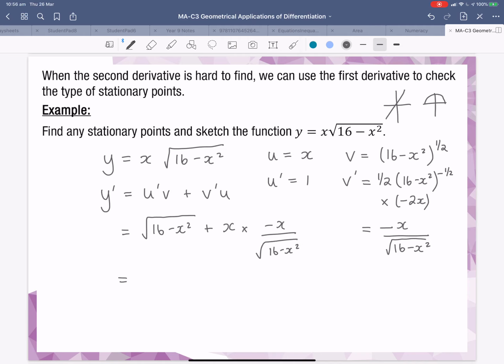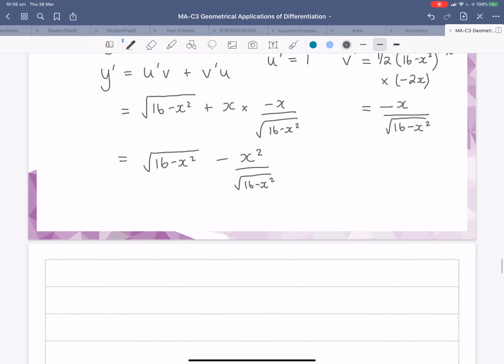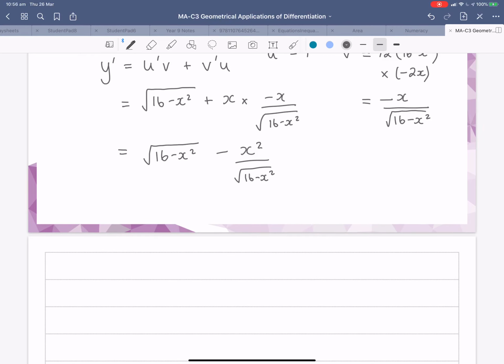I can tidy that up a little bit: root 16 minus x squared minus x squared on root 16 minus x squared. So the next step is to put that equal to 0 and try and find if we've got any stationary points.